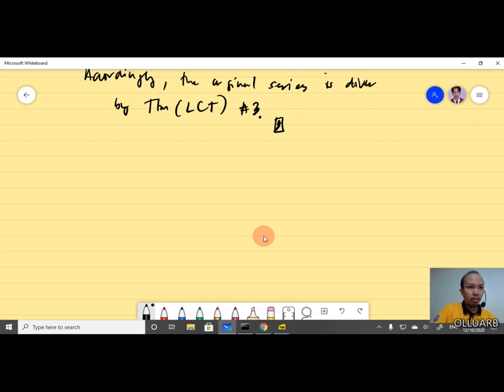Okay, so we have example number 5. Number 5, we have the summation of n to the 4 over n factorial, where n starts from 1 to positive infinity. Okay, solution.